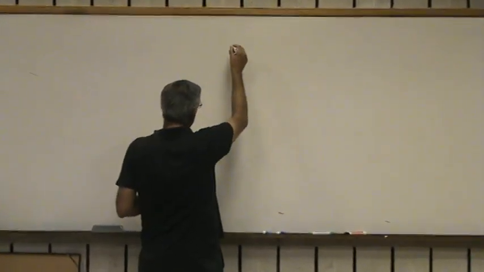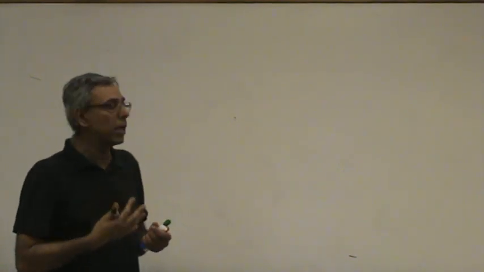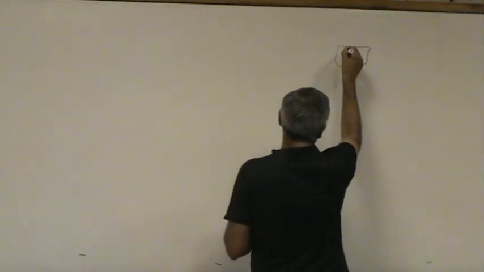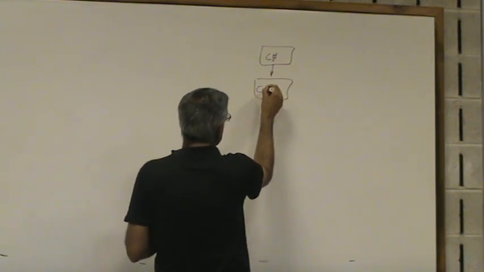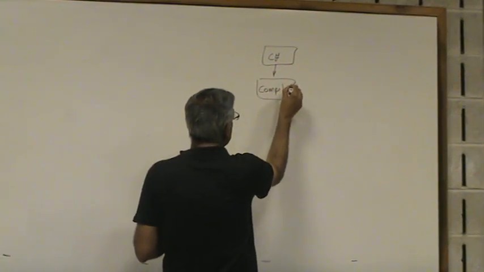So last couple of lectures we have taken a look at the introductory idea of object-oriented programming and the concept behind the .NET framework. In the last lecture we discussed that anytime you write a C# program, you have to pass it through a compiler, right?